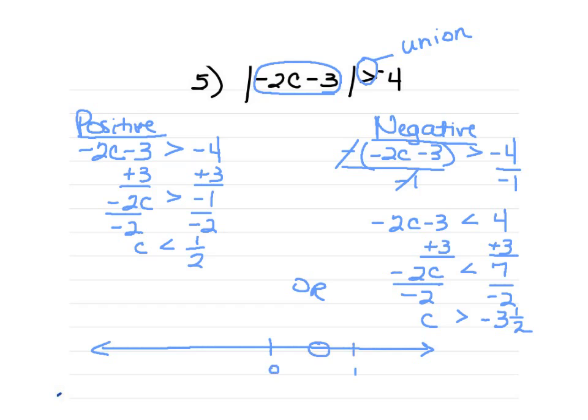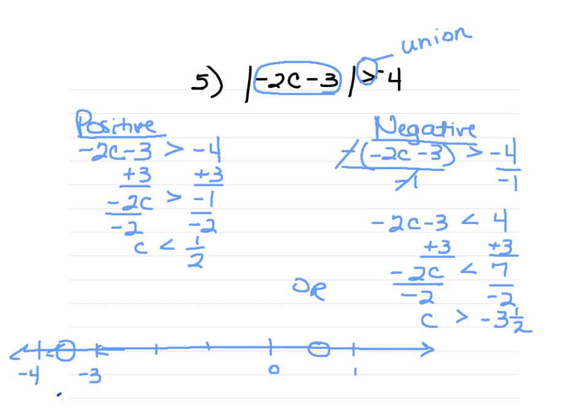We have negative 1, negative 2. Here, let me give myself a little more room here. Negative 3. Oh, a little further. I just want to be sure that you can see the graph here. Negative 4. So negative 3.5 is here.